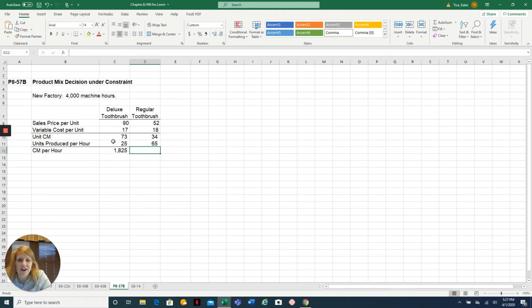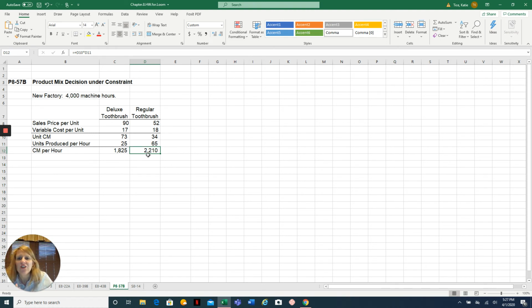On the other hand, even though our regular toothbrush unit contribution margin is only $34, times 65 per hour, that gives us $2,210 of contribution margin per hour.